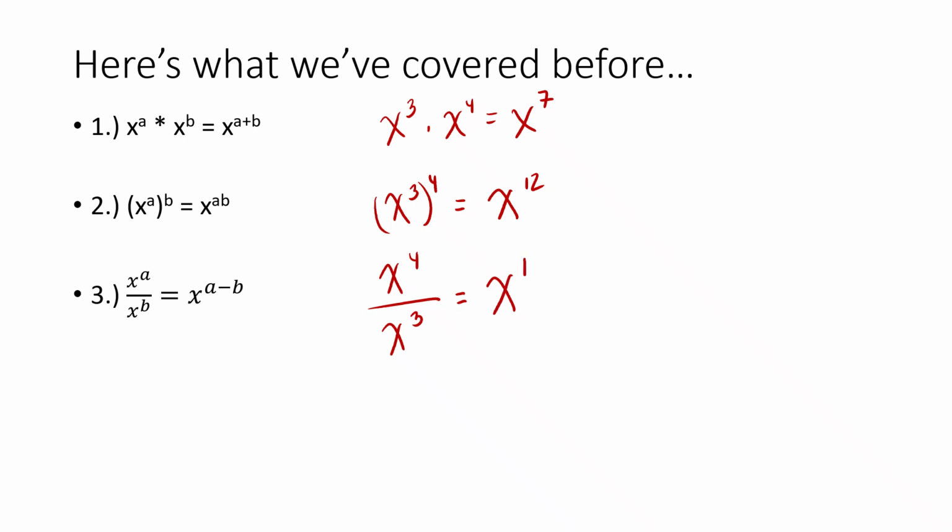What is important to note is it's always the exponent in the numerator minus the exponent from the denominator. Sometimes I have seen students draw the wrong conclusion, where they think, oh, it's always the bigger number minus the smaller number. No, it's the numerator exponent minus the denominator exponent.